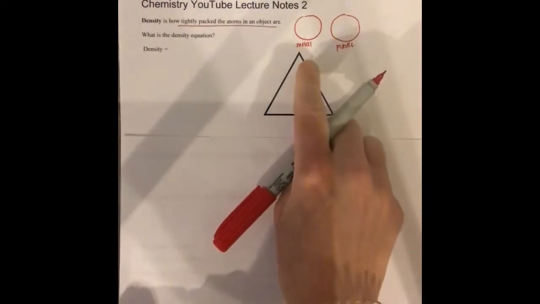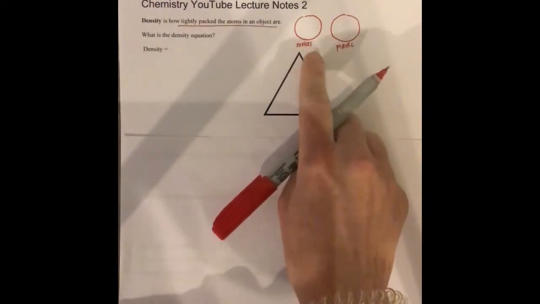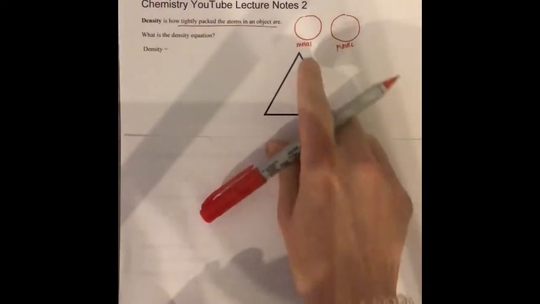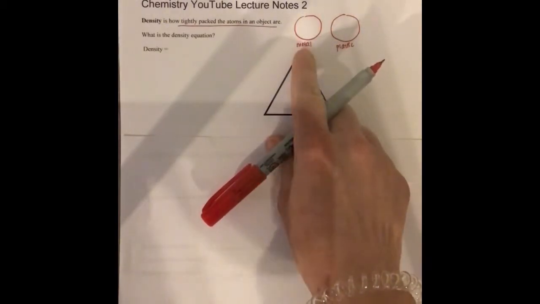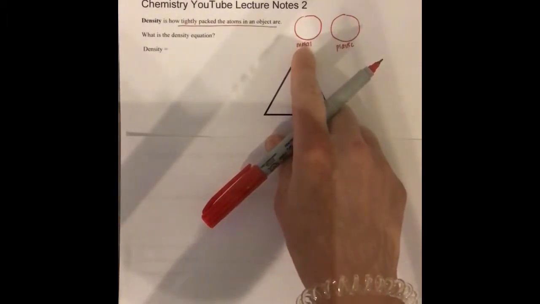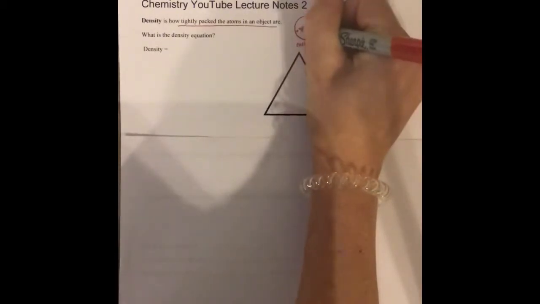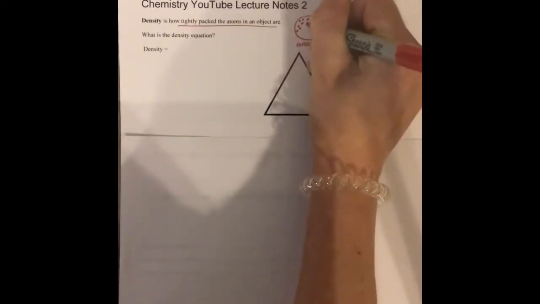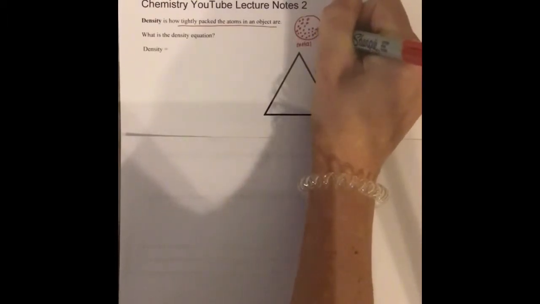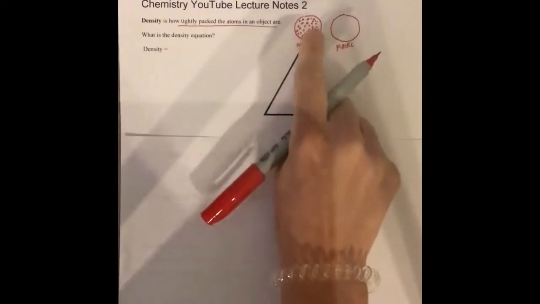Probably from your everyday experience, you already can visualize what these look like and how they would feel if you would be holding them. Okay, the metal ball, we would say, is very dense. Its atoms are going to be super tightly packed together. There's a lot of atoms for this given volume or this size.